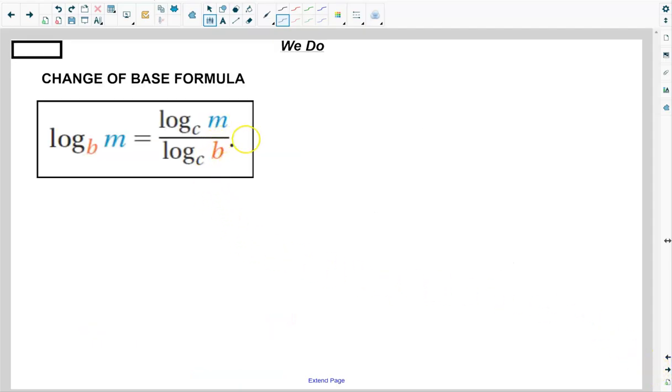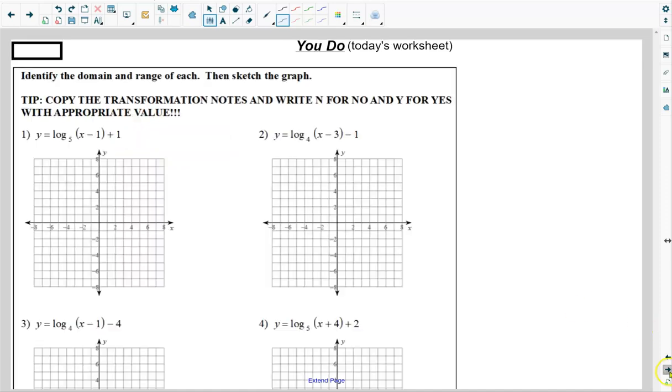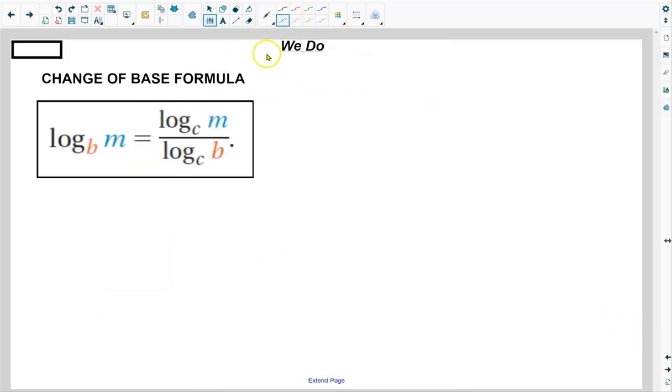You guys are super encouraged to get on the calculator and toy with those transformations to prove them to yourself, okay? Anyways, let's go ahead and get to the change of base formula. This is going to be important because this is going to allow you to put any log into the calculator. A lot of you guys were stuck yesterday, right? For example, trying to do some of these in the calculator, which you'll do today, but with the change of base, you'll be able to enter it in the calculator, okay?